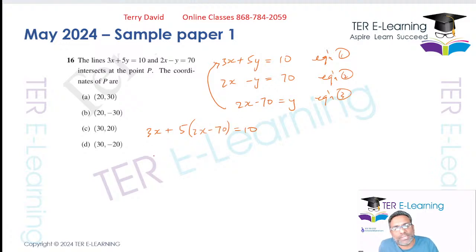So this is 3x plus 10x minus 350 is equal to 10. So 13x is equal to 10 plus 350, which is 360, and therefore x is equal to 360 over 13.